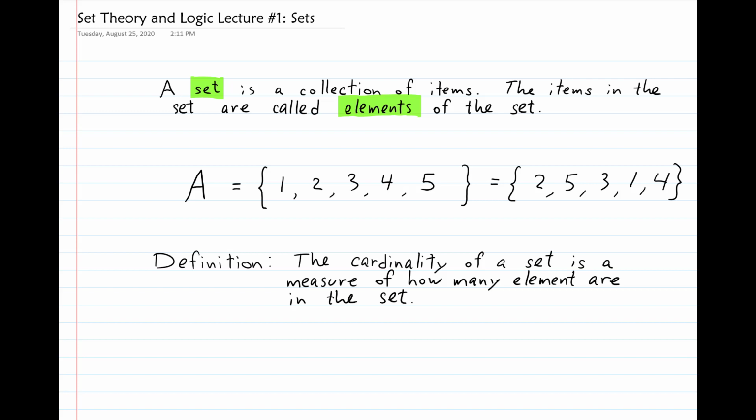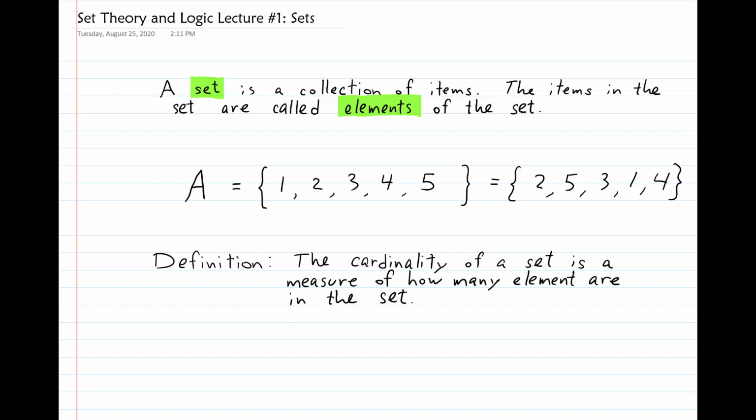Okay? Look at how I wrote that. I didn't just say the cardinality of a set is how many elements are in the set. I said it is a measure of how many elements. And that's because if there's finitely many elements, then it's really easy. You just count them and see how many there are, and that's the cardinality of the set. Okay? But if there's infinitely many elements, then it gets quite tricky, and we'll deal with that later on.